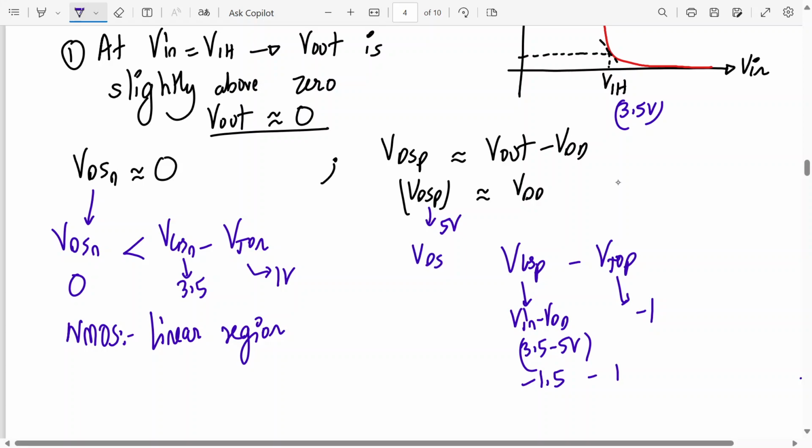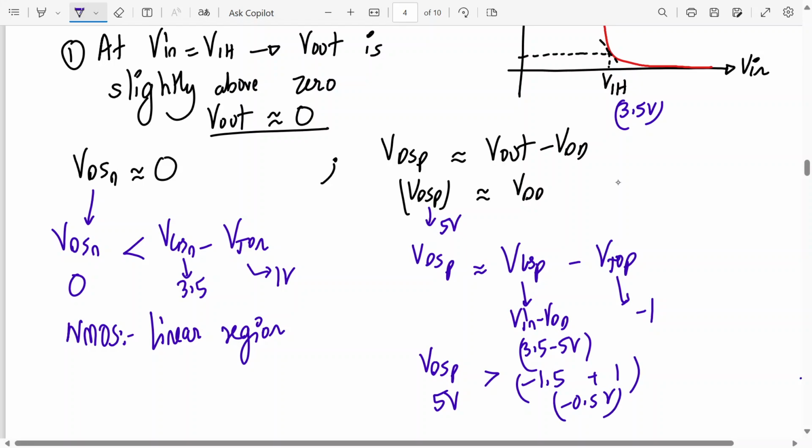And this VDSP, let's say this is around 5 volt. So this means that this is definitely greater than this value.